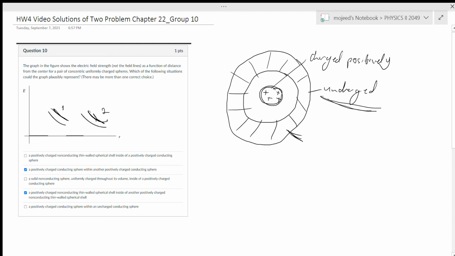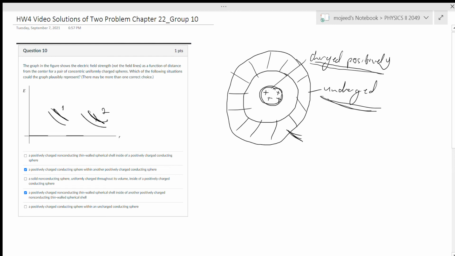But the first graph has a higher amplitude, which means that the inner sphere is positively charged. And it's also the center. So here, we can say that a positively charged conducting sphere within an uncharged conducting sphere.